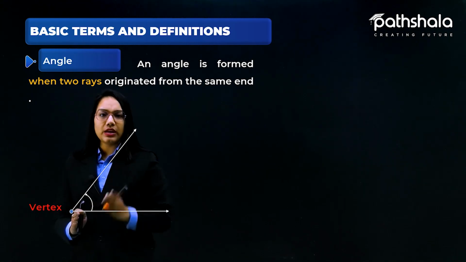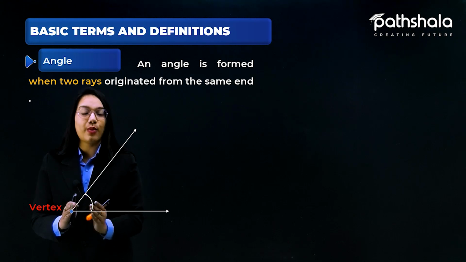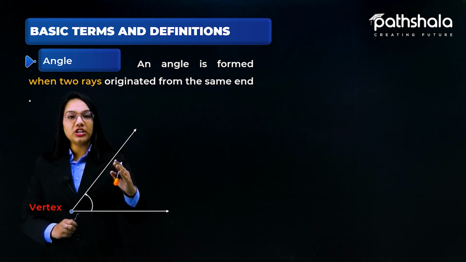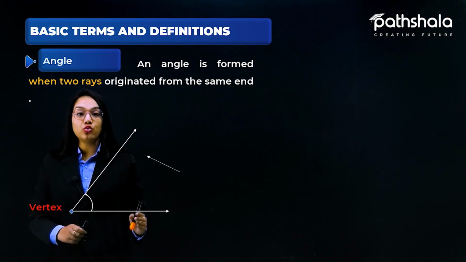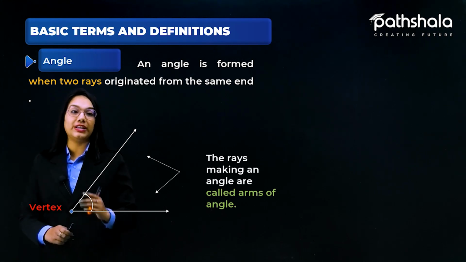As you can see over here, the angle is actually formed. This is the angle, and it is formed when two rays come from the same end. These two rays have a specific name: they are called the arms of the angle.